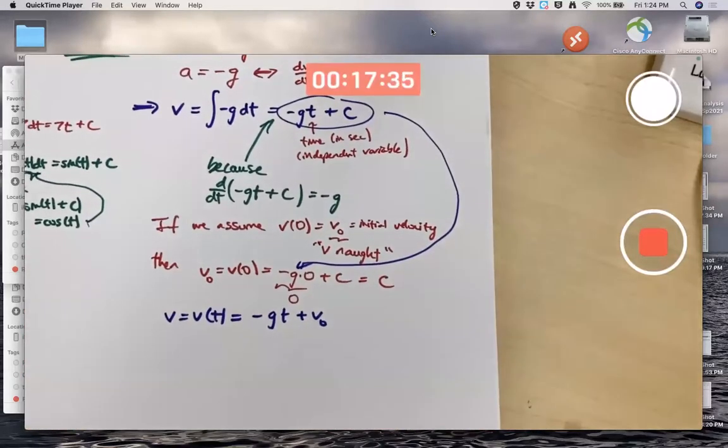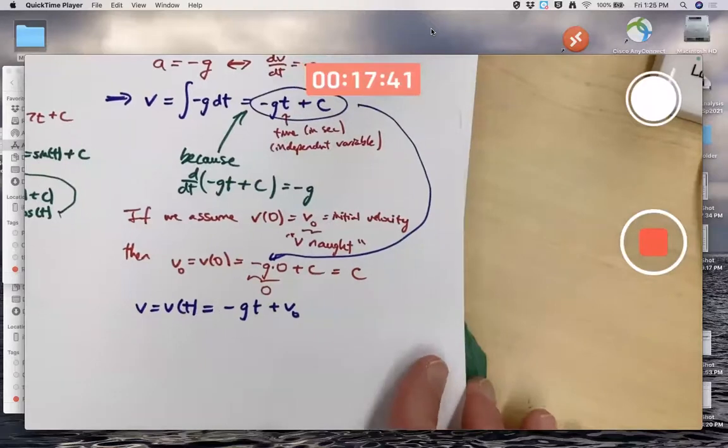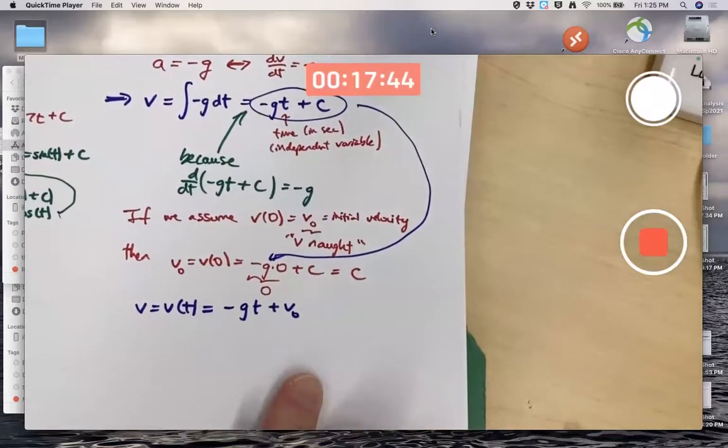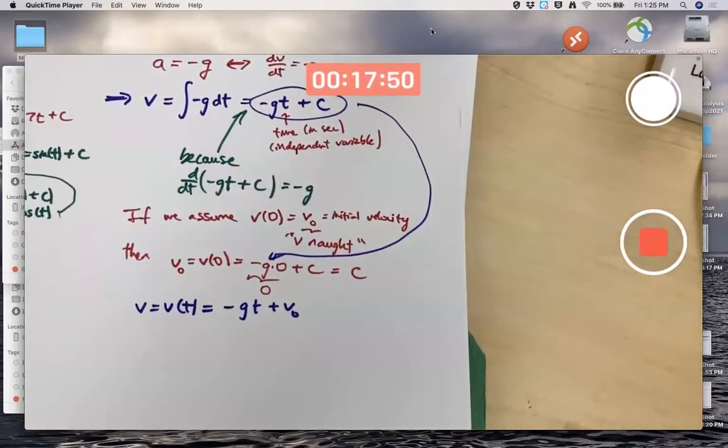Before we go on to the height as a function of time, what could we do with this? We could, for example, use this to figure out when the ball reaches the peak, the highest point. What should I do? If you've been in physics, you've done this kind of thing before.